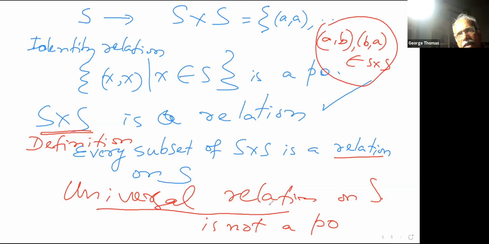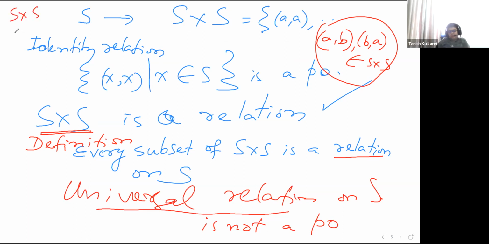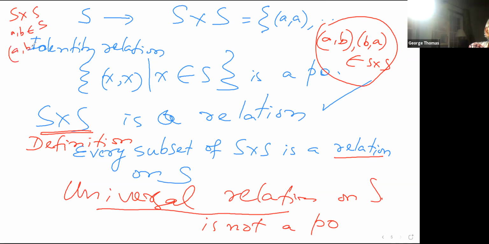Is this clear? Yes. In S cross S, if A and B are in S, A comma B is in S cross S, B comma A is in S cross S. So if you take S cross S as the whole relation, then both of these are there.